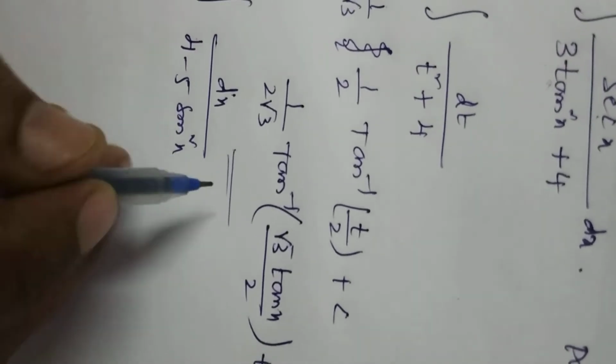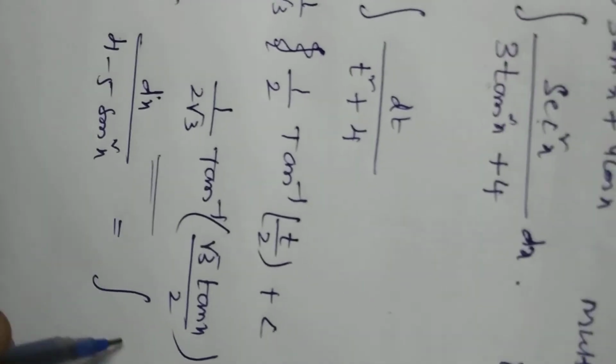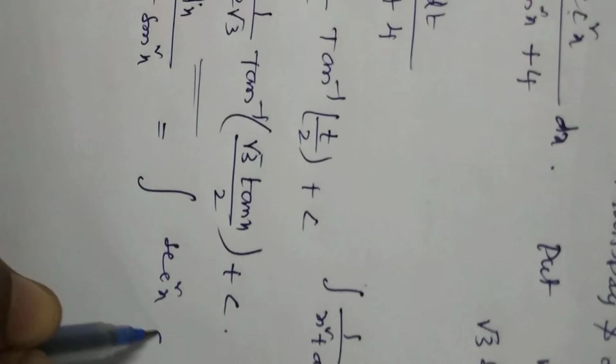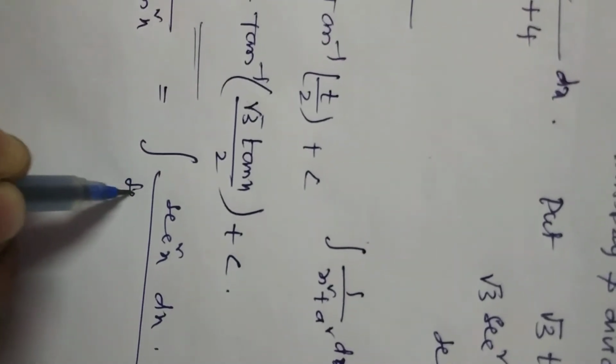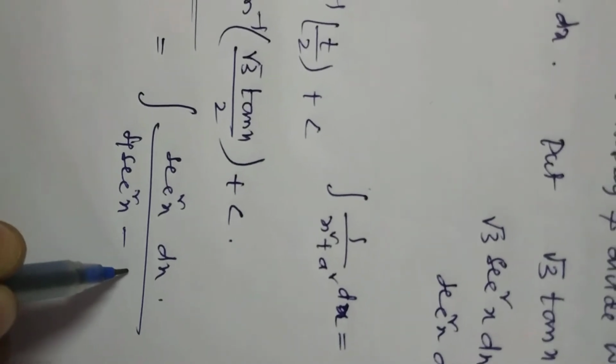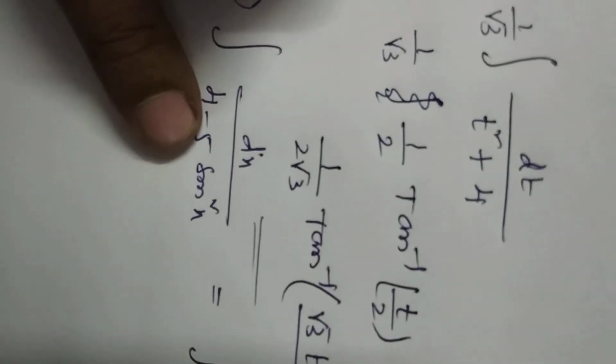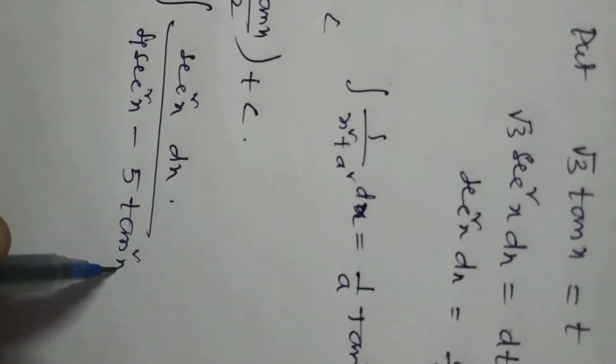So here also multiply and divide with what? First step is sec square x only, so integration of sec square x dx by 4 sec square x minus 5. Sec square x means 1 by cos square x, so it will be tan square x only.